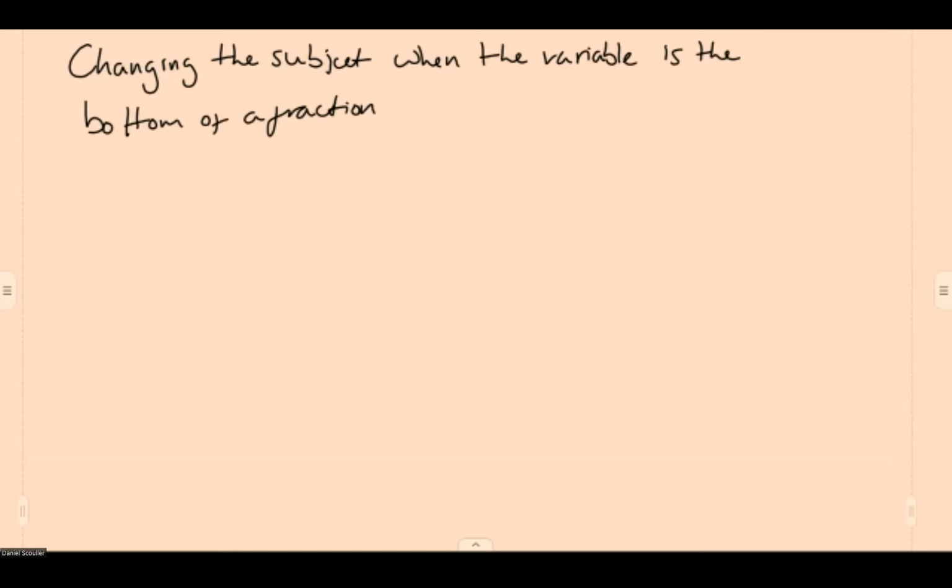Now for this, you don't need to change the sides. You don't need to do that first step of the process.